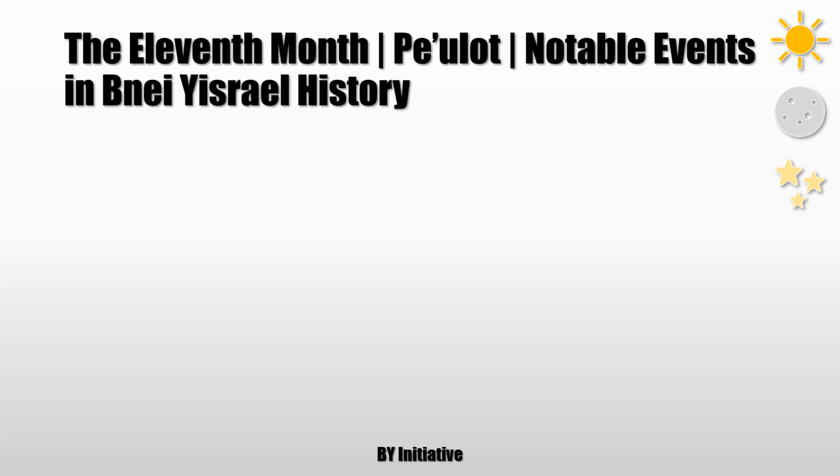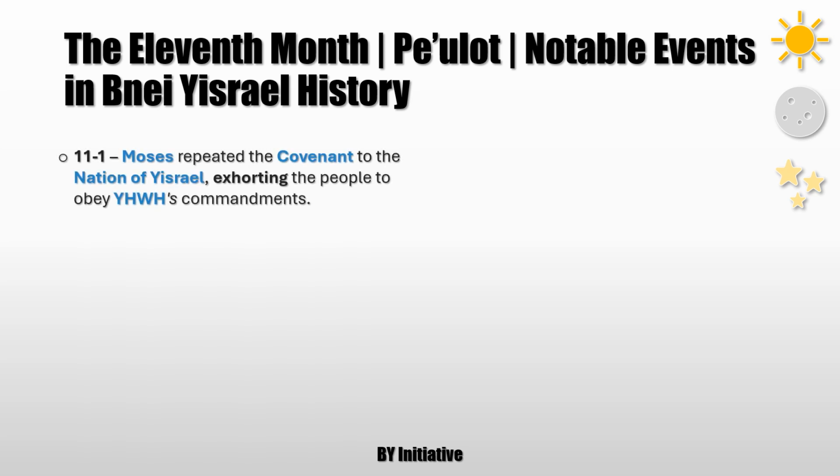And just some notable events in Bnei Israel history which occurred during the 11th month. On the first day of the 11th month, Moses repeated the covenant to the nation of Israel, exhorting the people to obey Yahweh's commandments.